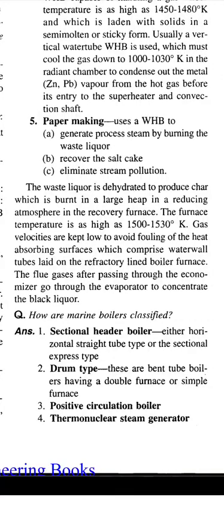The furnace temperature is as high as 1500 to 1530 Kelvin. Gas velocities are kept low to avoid fouling of the heat absorbing surfaces, which comprise water wall tubes laid on the refractory lined boiler furnace. The flue gas, after passing through the economizer, goes through the evaporator to concentrate the black liquor.